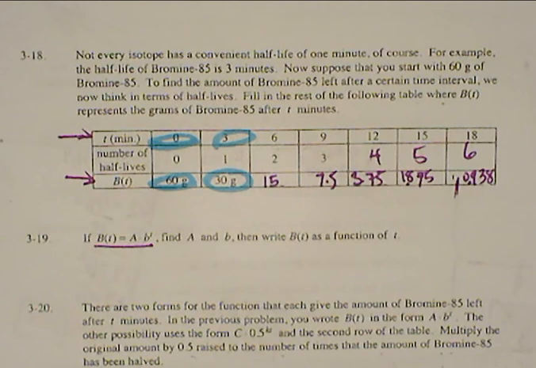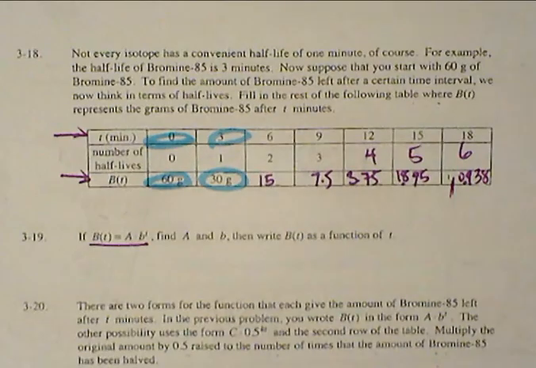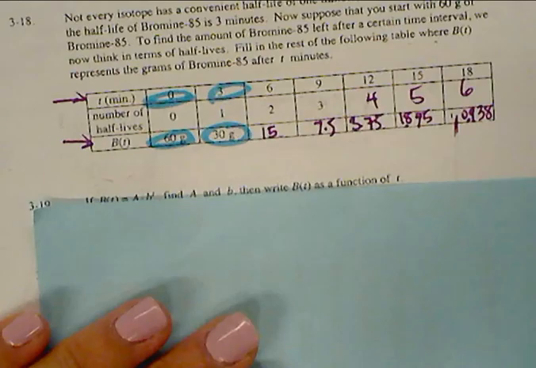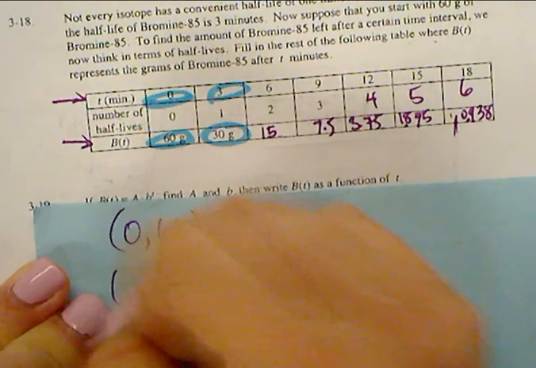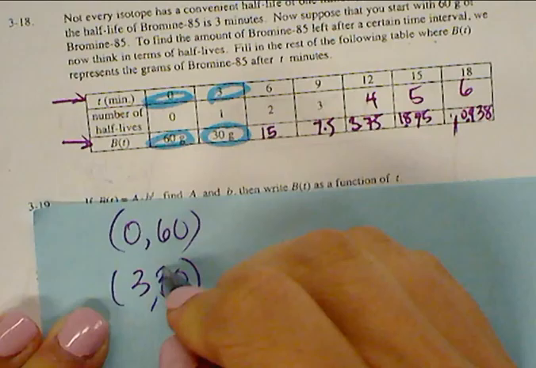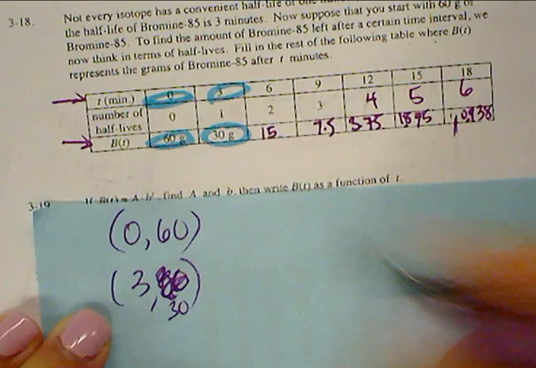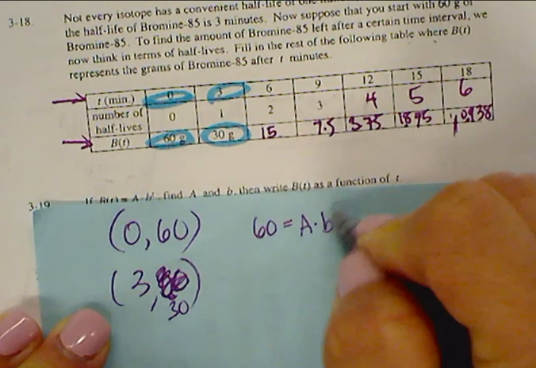Okay, let's do this. So I have 0, 60 and I have 3, 30. Okay, so I have 60 equals a times b to the 0. And part of my system of equations is 30 equals a times b cubed.